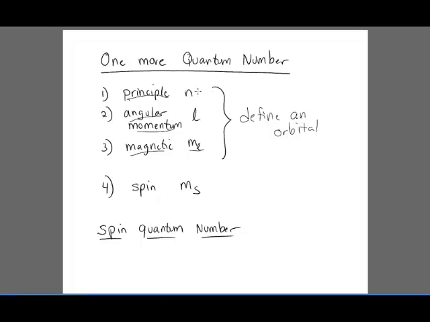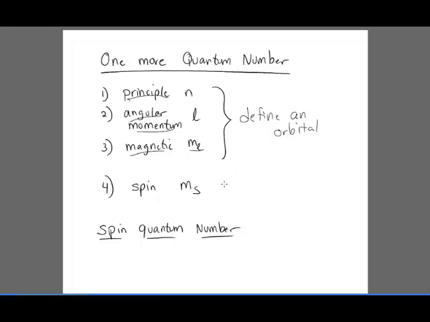Remember, the principal number gives you distance from the nucleus, just like in the Bohr model. Further higher n's give you further out orbitals. Angular momentum tells you shape, s, p, d, or f. And magnetic quantum number tells you orientation. Which way is that p orbital pointing, or that d orbital?